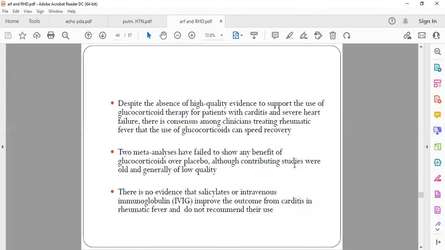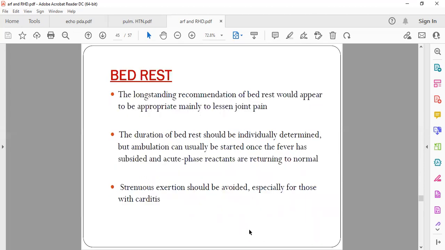There is no high quality evidence to support glucocorticoids, and their role is very controversial. A few studies have shown benefit, a few have not. So their use is still not recommended in patients with carditis. Bed rest is the most important treatment because it decreases joint inflammation, and it will also prevent the patient with carditis from progressing to heart failure.